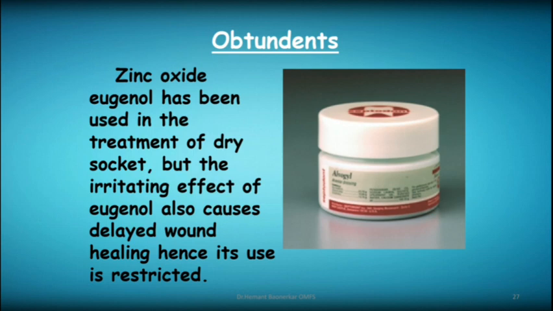Of course it helps to reduce the patient's pain, and this is one of the options we mostly use. What the effective ways of treating dry socket are, we will see in our next slides.